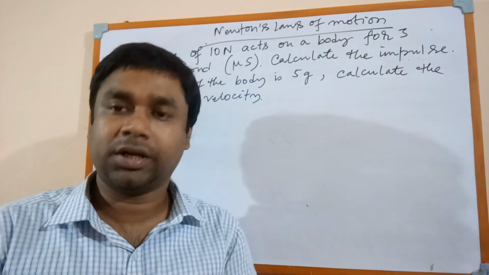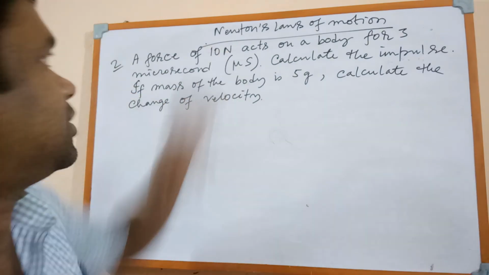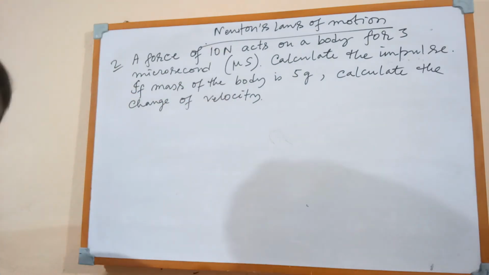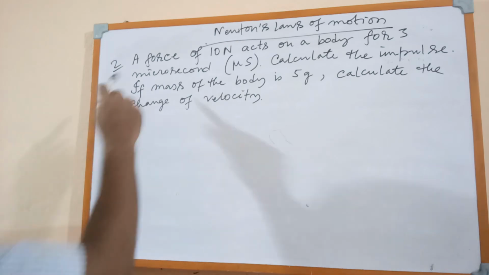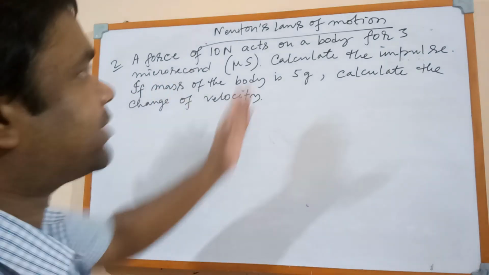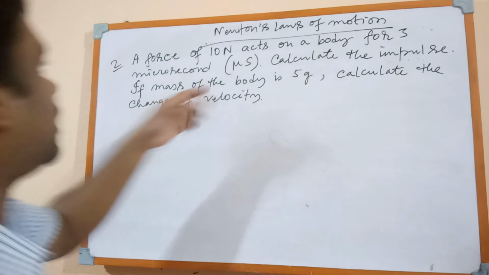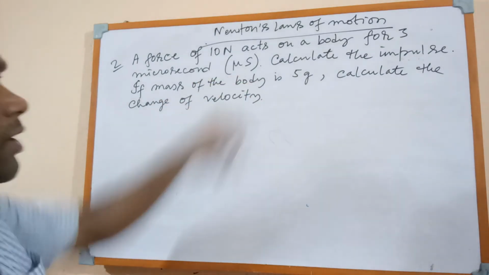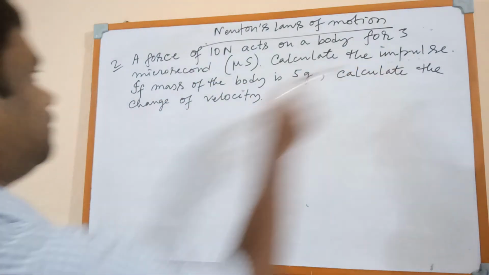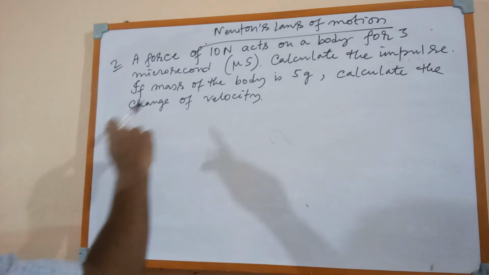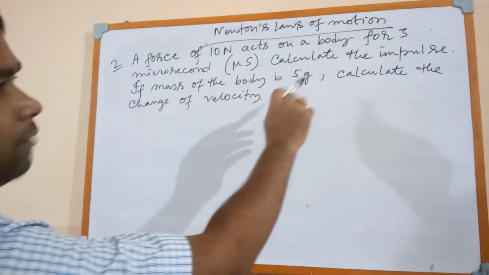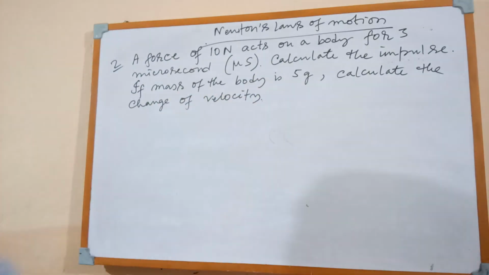The next numerical is from the chapter Newton's laws of motion. A force of 10 Newton acts on a body for 3 microsecond. Calculate the impulse. If the mass of the body is 5 gram, calculate the change of velocity.